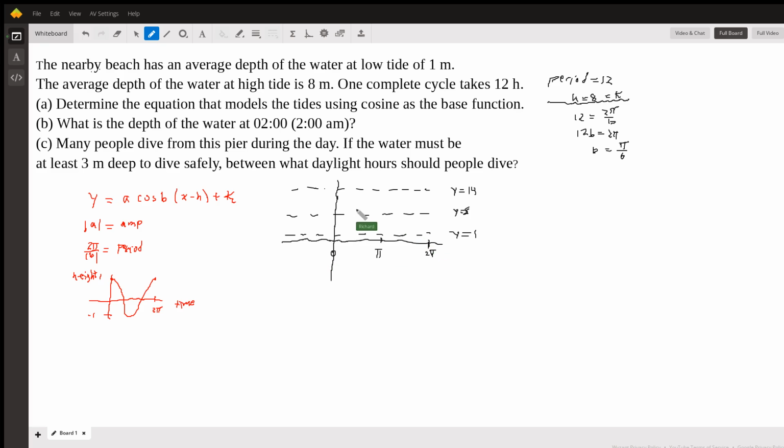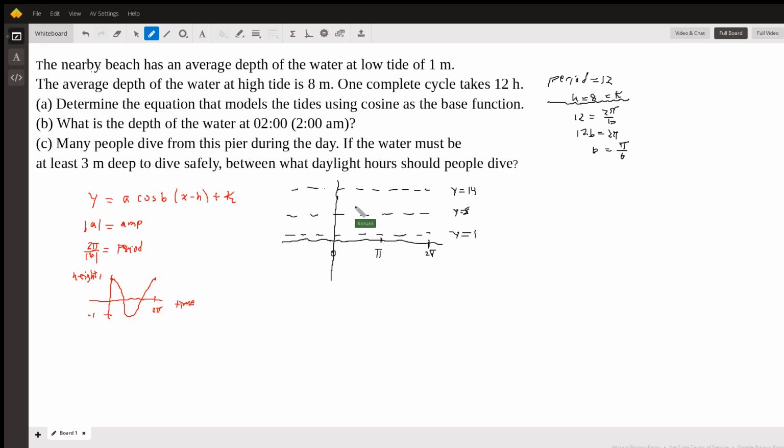And so we could sketch this curve using these radian measures for time. They're using 2 a.m. here. So what we might want to do is, well, we still have to use pi and 2 pi here to get the curve.